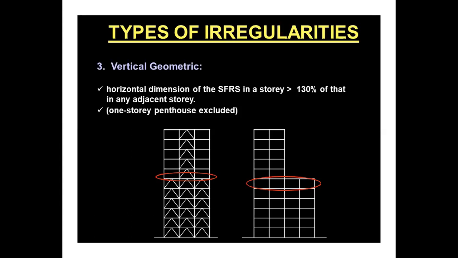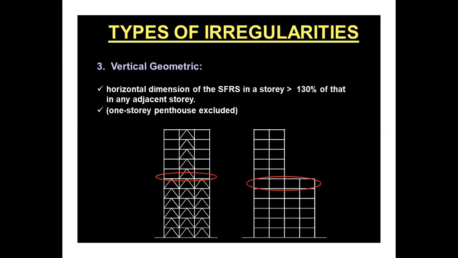For example, L2 is greater than 1.5 L1, where L2 is the horizontal dimension of the building and L1 is the dimension of the adjacent story. The solution to this problem is the total separation of building blocks in the plan to make the building regular.